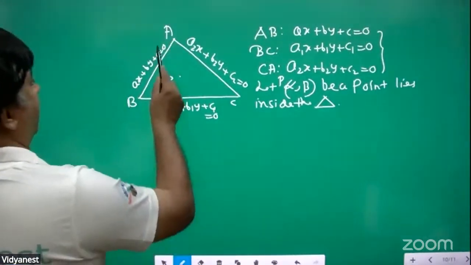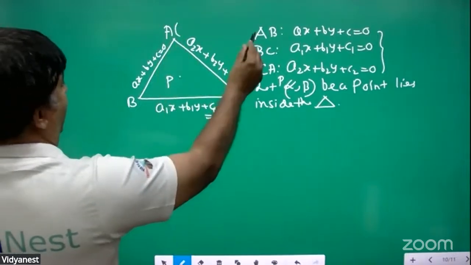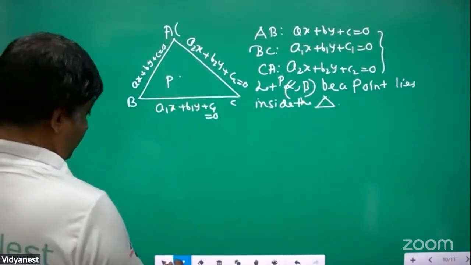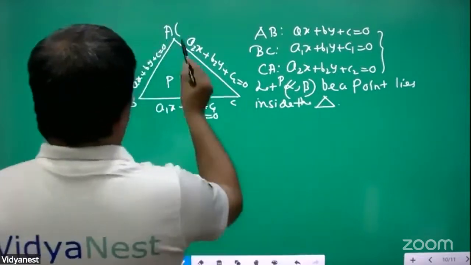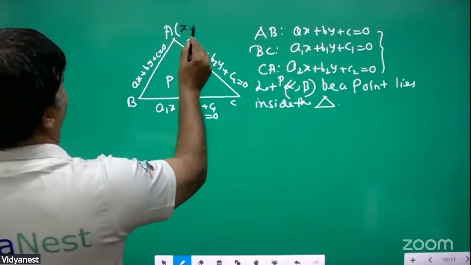See, suppose by solving AB and AC, I am getting a point (x1, y1).